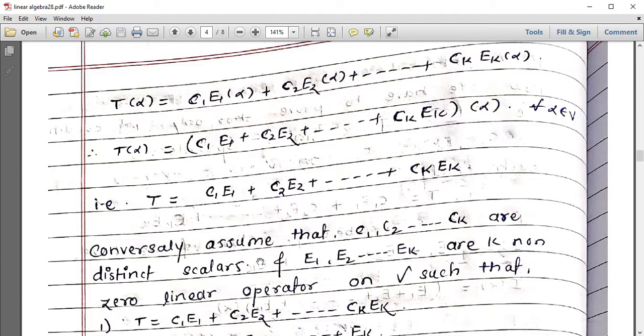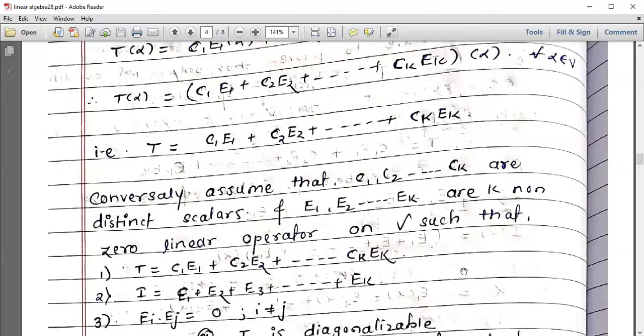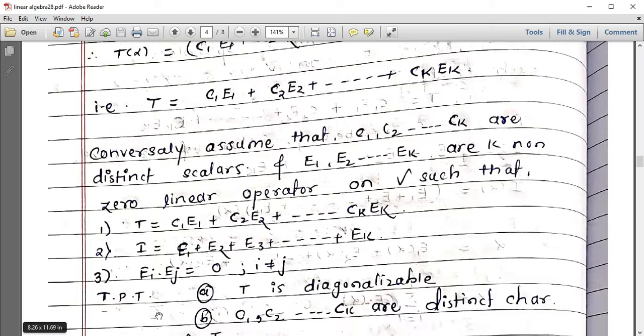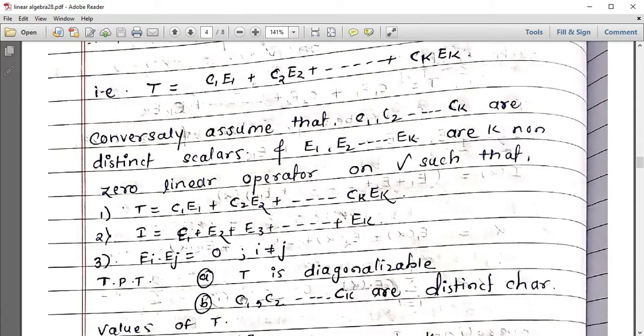Assume that these C_i are distinct scalars and E1, E2 up to Ek are k non-zero linear operators on V such that the first, second, third conditions hold, and we have to prove that T is diagonalizable.